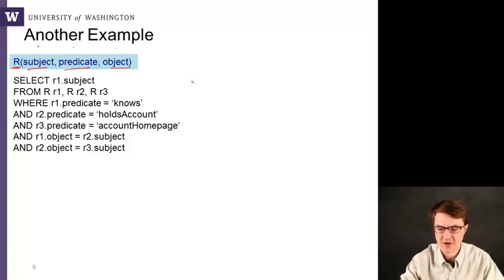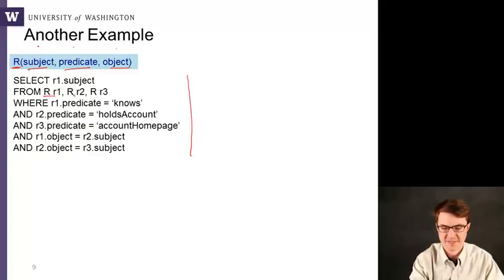Here's kind of a complicated query, but what it says is I'm going to have three instances of the same relation, and I'm going to join them all up, and I'm going to look for a sequence of tuples such that we have a person who knows another person who holds the account of a company who has an account homepage of a particular value.